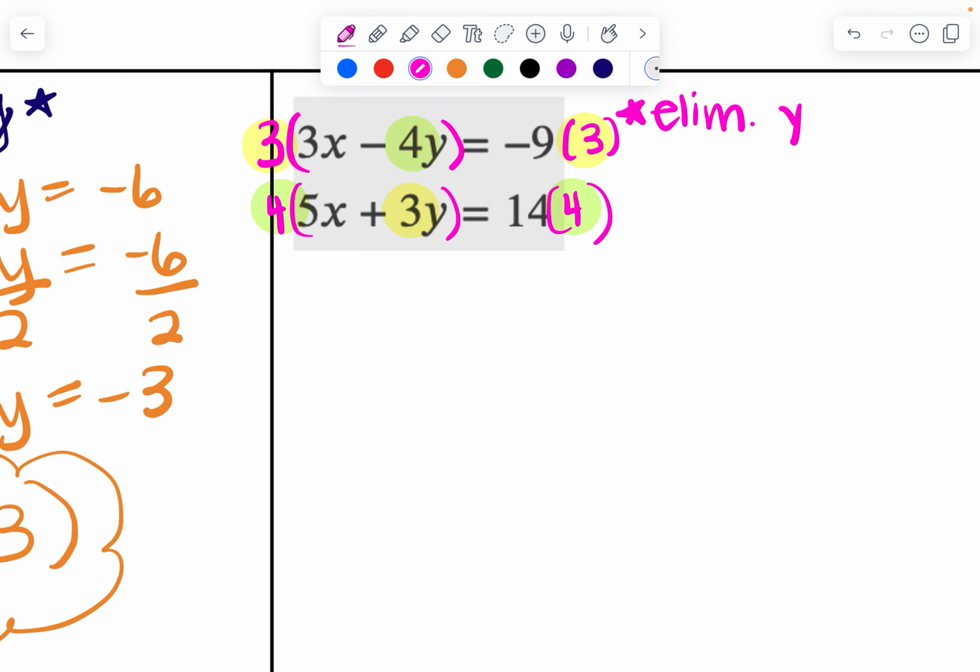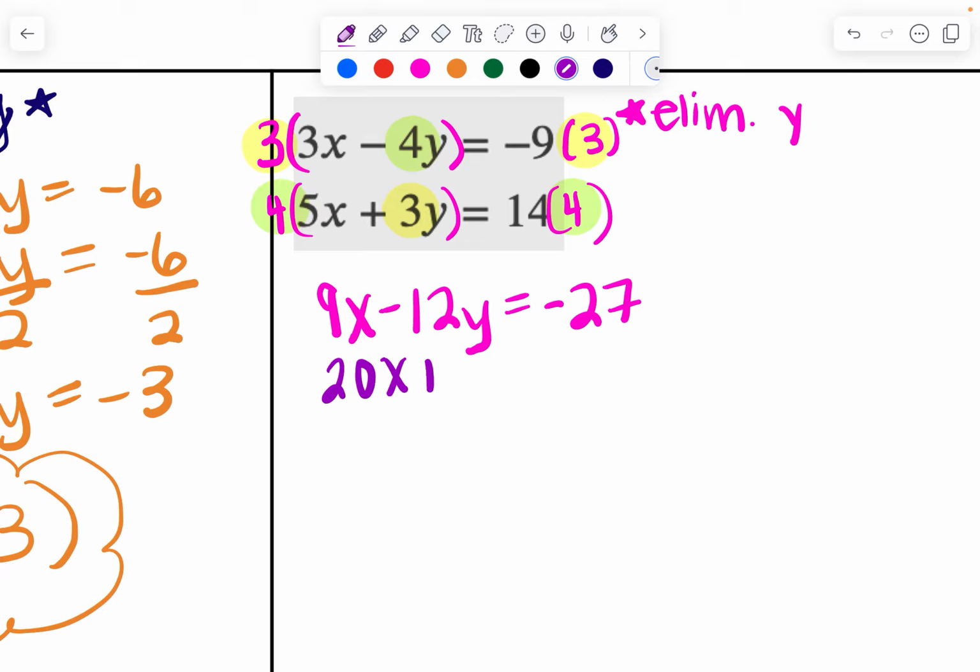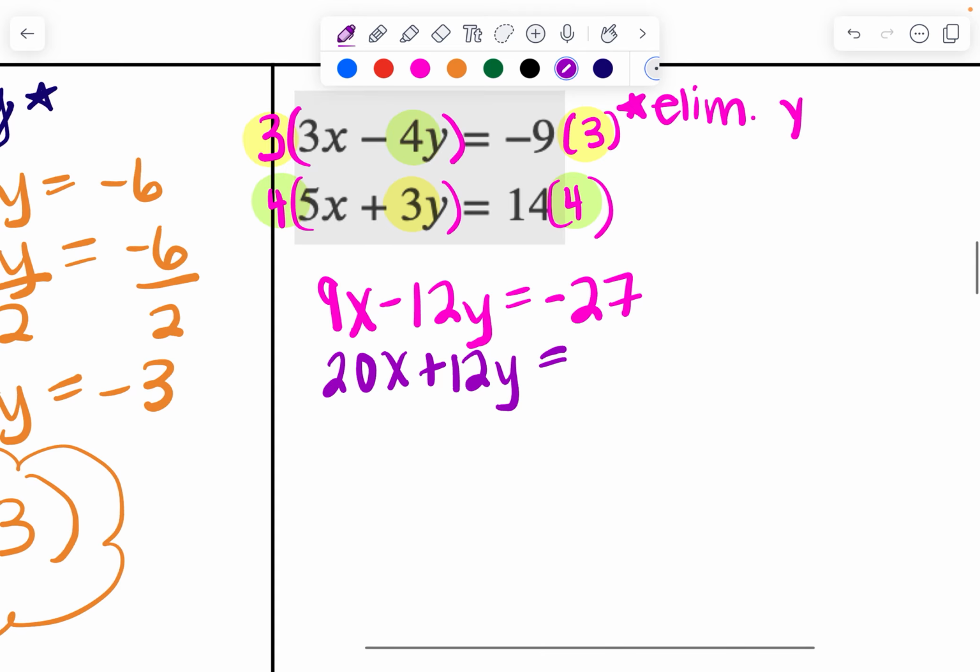So my first equation, instead of 3x minus 4y, I get 9x minus 12y equals negative 27, because I'm multiplying both sides by 3. My second equation, 4 times 5x is 20x, plus 4 times 3y is 12y, equals 14 times 4 is 56.